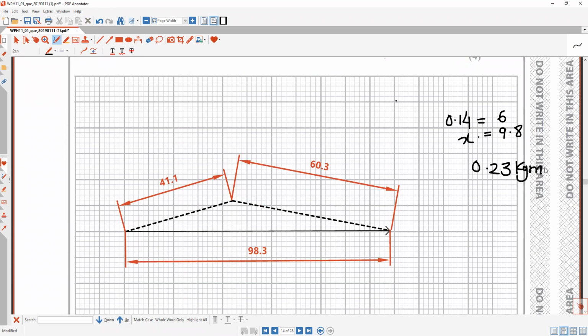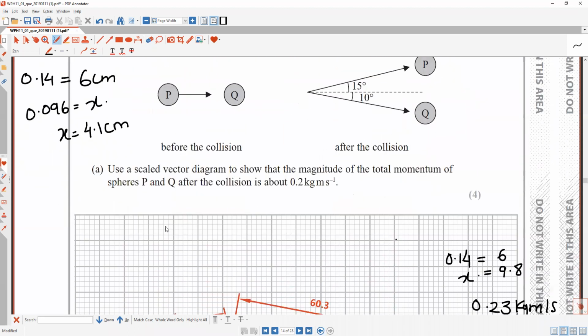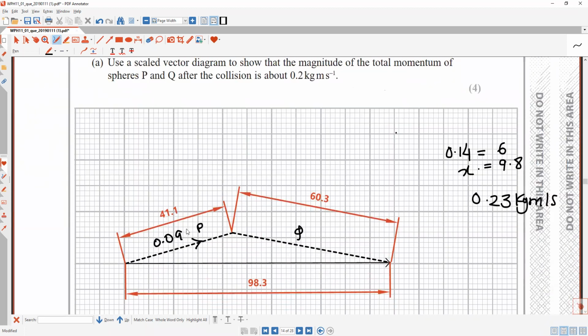Everybody got this or not? This is the total momentum of your P and of your Q. Clear? How much was this? 0.096. ঠিক আছে? এভাবে লিখবে এখানে। আর এটা কত? 0.14. And you're going to delete the rest of the stuff.